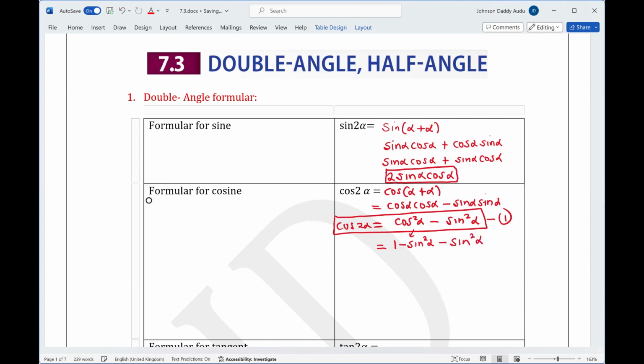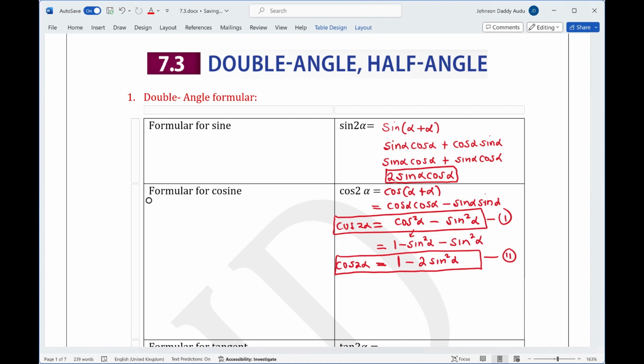So this is going to be simply 1 minus 2 sine squared alpha. So this is another formula for the double angle of cosine. So we call this formula 2.